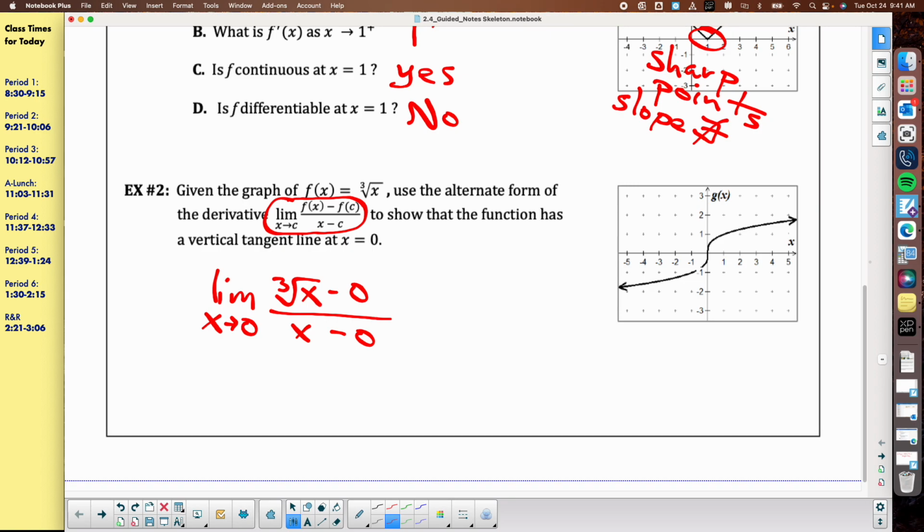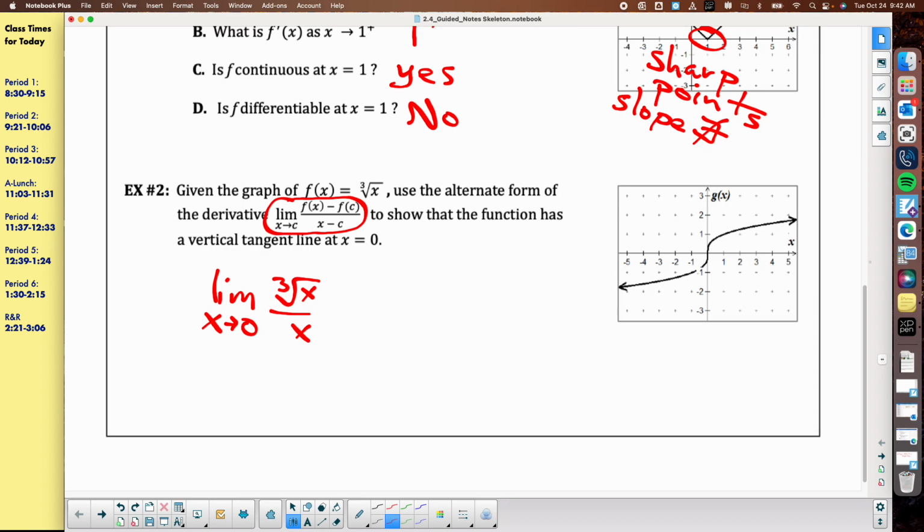Okay, I can't plug 0 in. And I don't need to write minus 0. So what do I do? Anybody have any thoughts?